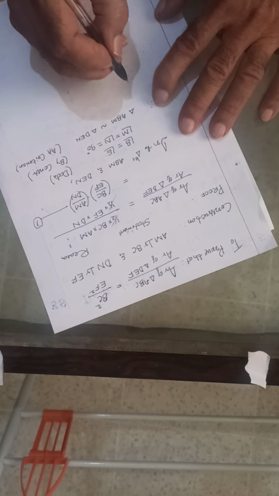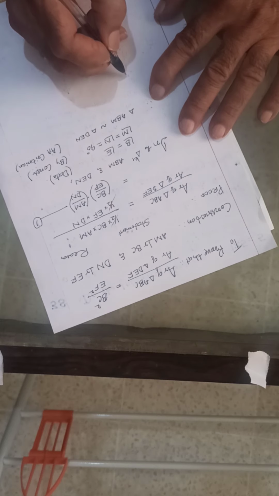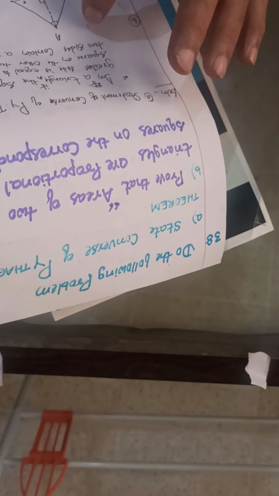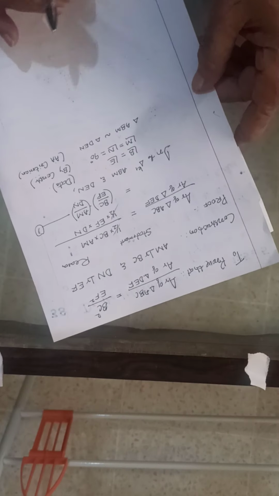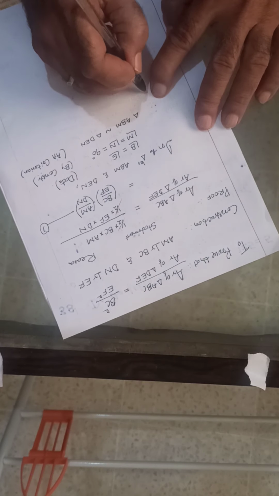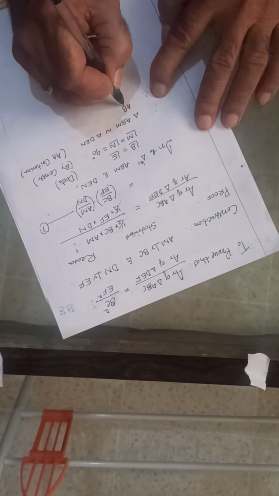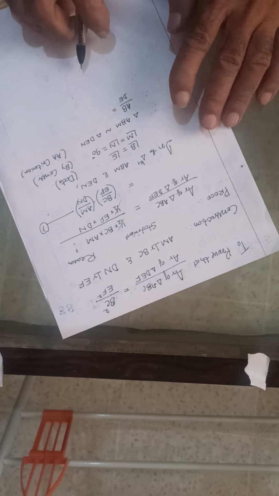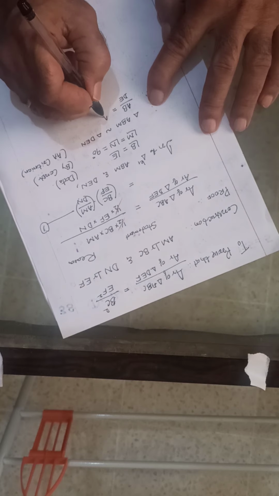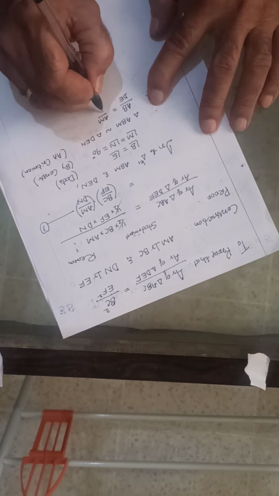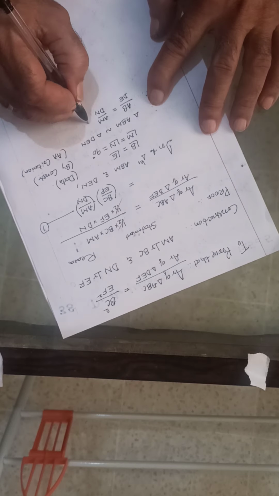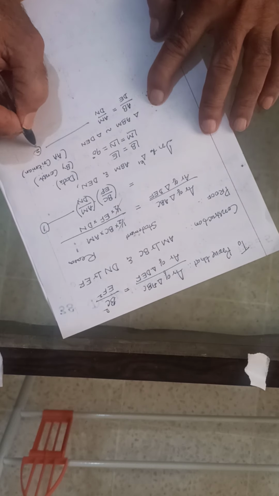So if these two triangles are similar, you can write the proportionality: therefore AB by DE is equal to AM by DN. I do not need the third one, BM and DN. Call this equation number 2.